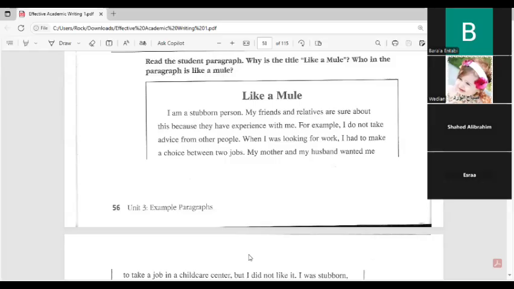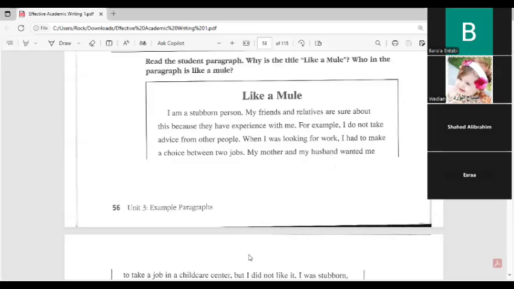For example, after reading or listening, you can take 2 minutes or 5 minutes just to try to talk in English about what you have read or what you have listened to. Okay, this is very important.